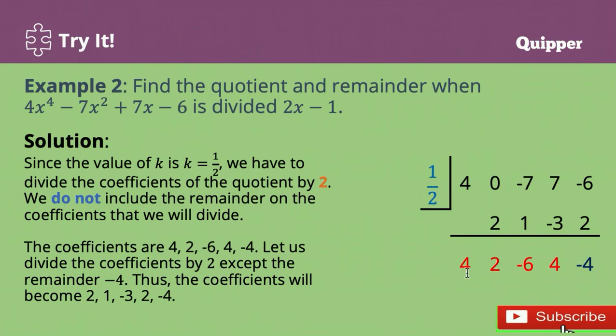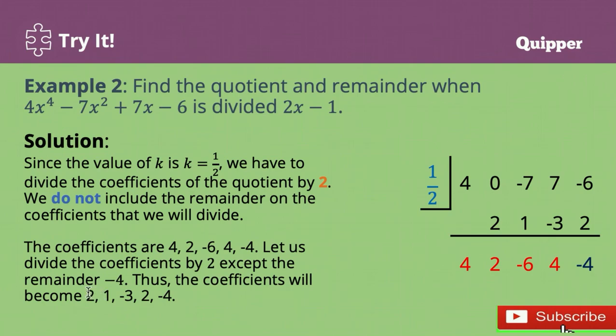We will just divide these numbers, the red ones, by 2. Therefore, 4 divided by 2 is 2. 2 divided by 2 is positive 1. Negative 6 divided by 2 is negative 3. And 4 divided by 2 is 2. And just copy negative 4 since that is the remainder. We will not include it in dividing.